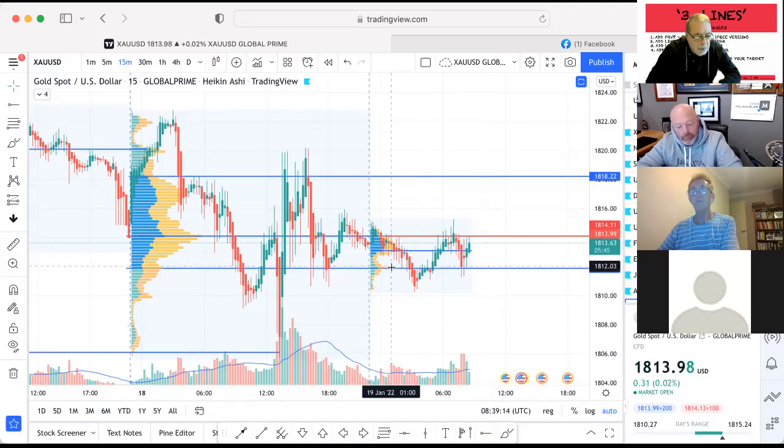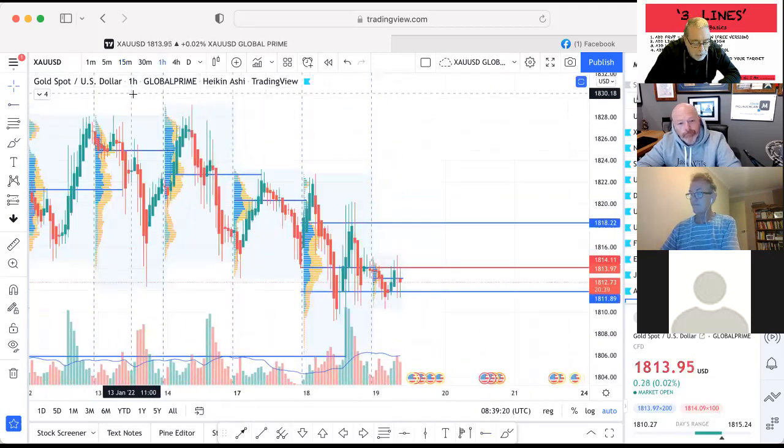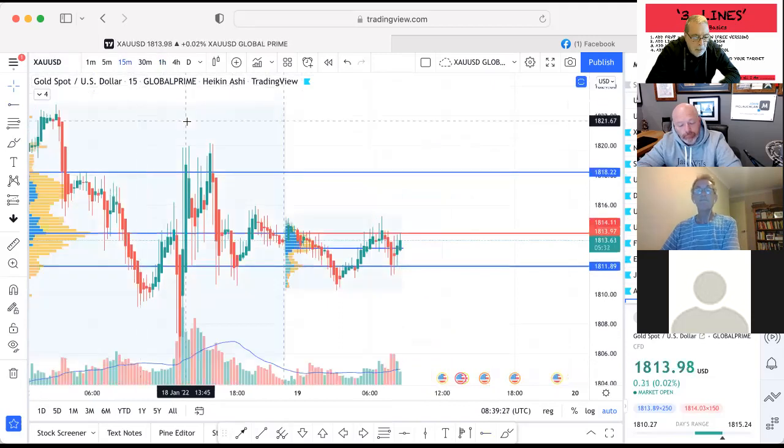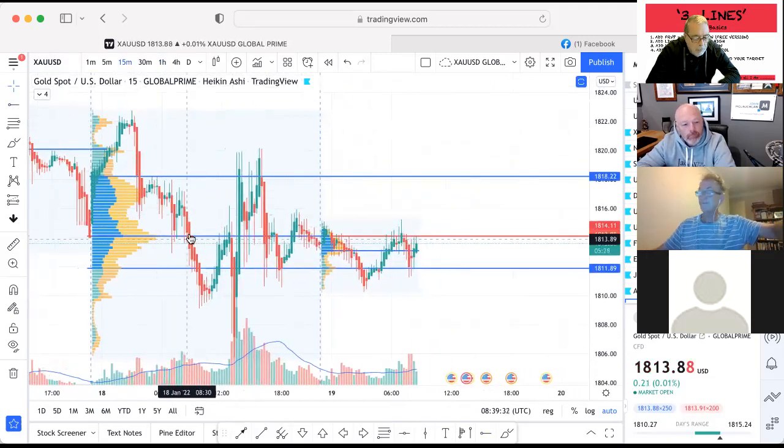What I normally do is flick to the 1 hour chart just to see if there's any variation. Occasionally you get a variation, but no, that seems okay. So we'll go back to the 15-minute. So that's the point of control for yesterday, which is what we're interested in today.